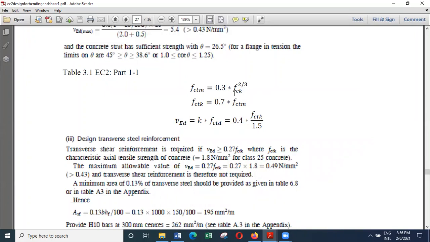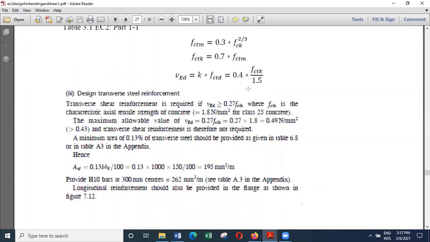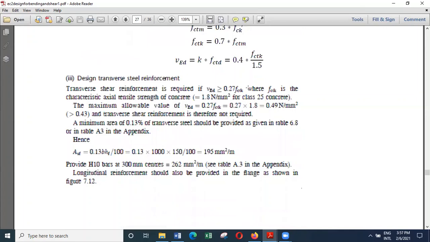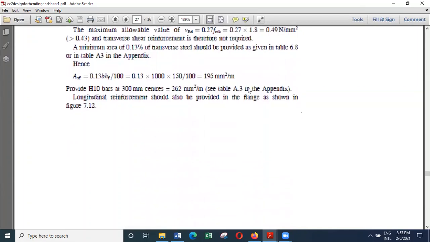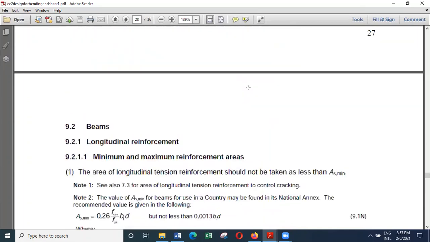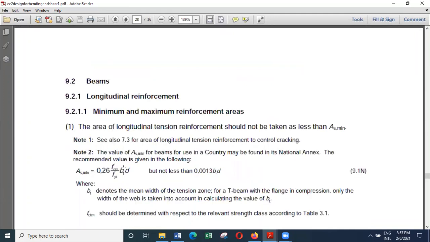So you will find it is 2.56. And when you substitute in this equation, 2.56 divided by 25 multiplied by 0.26.